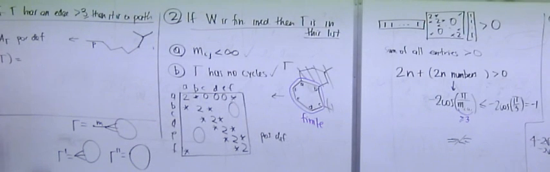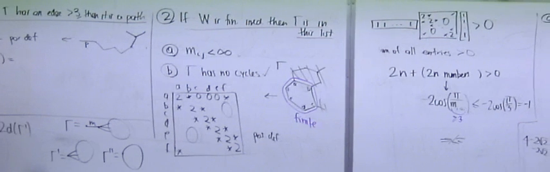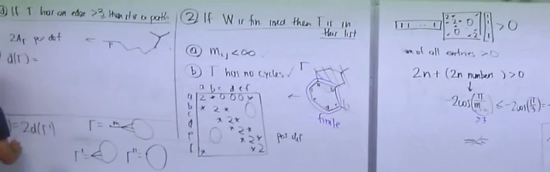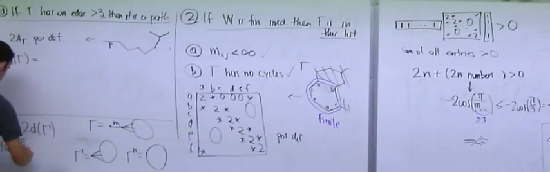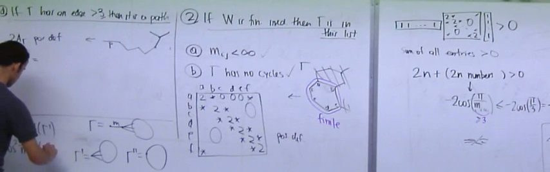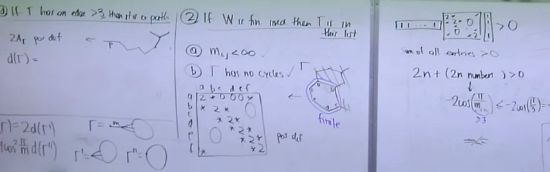d of gamma is equal to 2d of gamma prime minus, let me make sure I get this right, 4 cosine squared of pi over n, the determinant of gamma double prime. Okay?